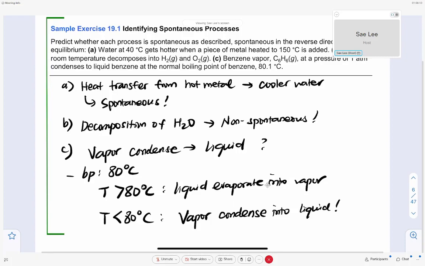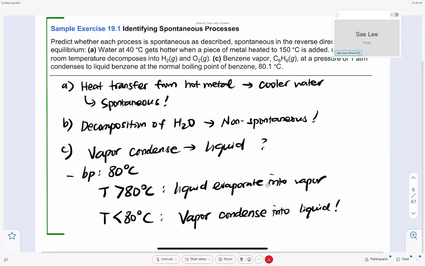Okay, but this process is spontaneous at this temperature. But is this process also spontaneous at this temperature? The answer is no. At a temperature lower than 80 degrees Celsius, lower than the boiling point, the liquid will never evaporate into vapor naturally, spontaneously.